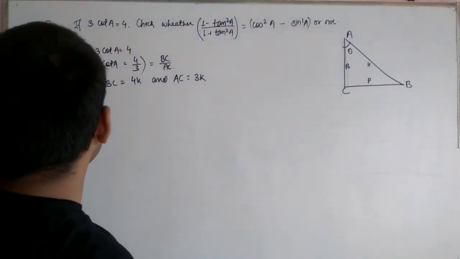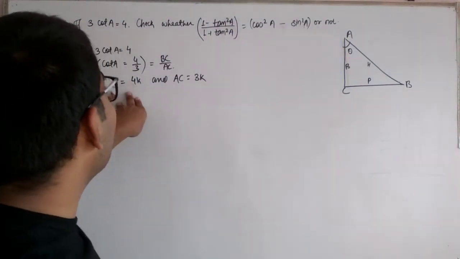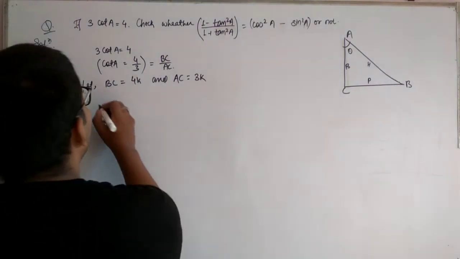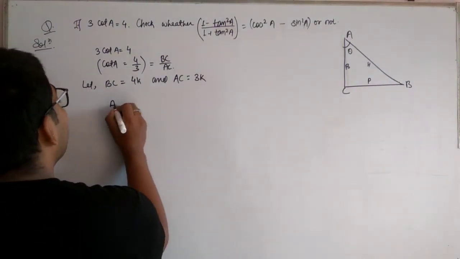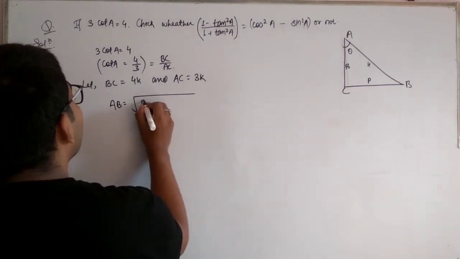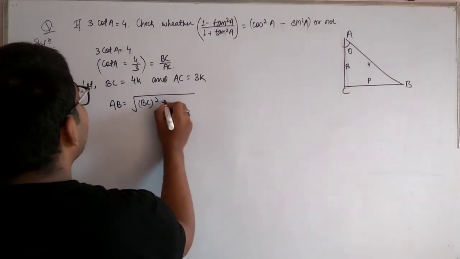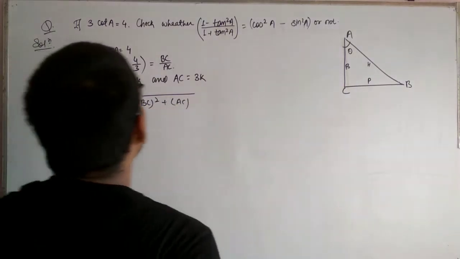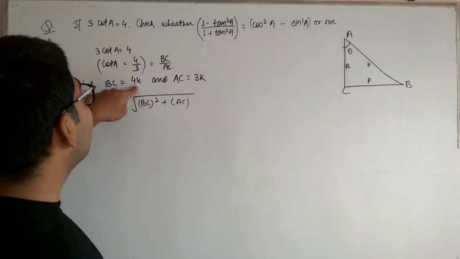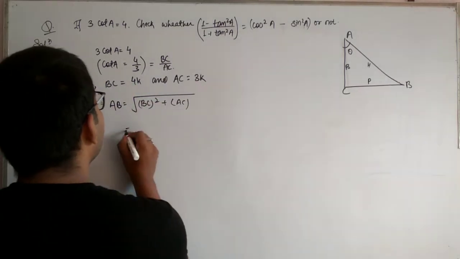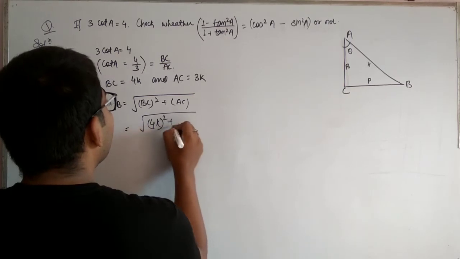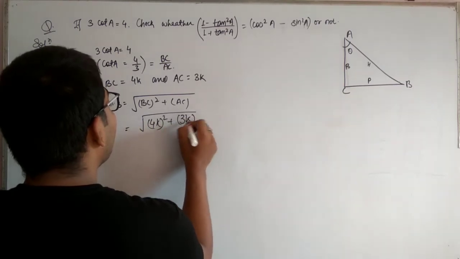Okay. So now we calculate the missing side AB. For that we use Pythagoras theorem. According to Pythagoras theorem, AB is equal to under root the square of BC plus the square of AC, which is under root 4K square plus 3K square.